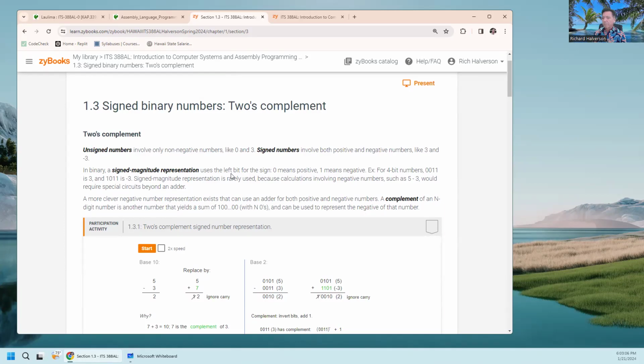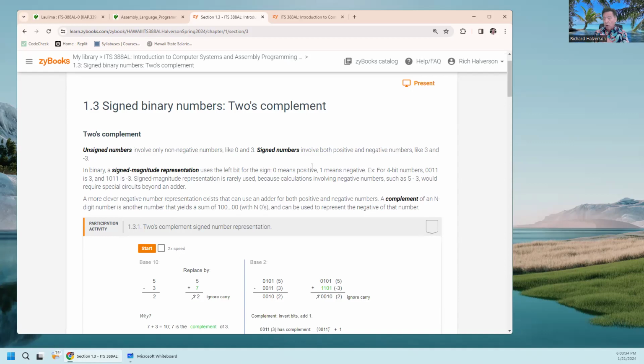Just as 7 is 7 notches away from 0 on the positive side, minus 7 is 7 notches away from 0 on the negative side. And if you add a minus 7 and a plus 7, whatever the representations are in binary, it'd be 0.